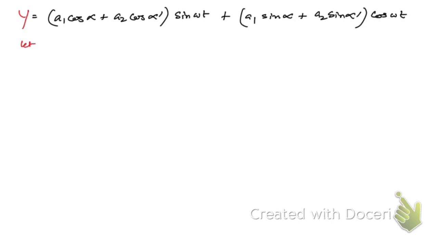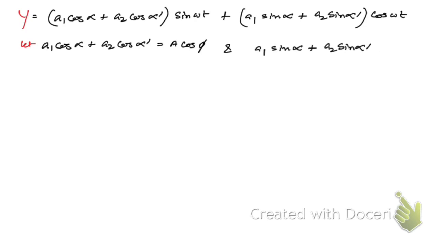The first bracket is equal to A cos φ, and the second one is equal to A sin φ. This is equation number 1 and this is equation number 2.